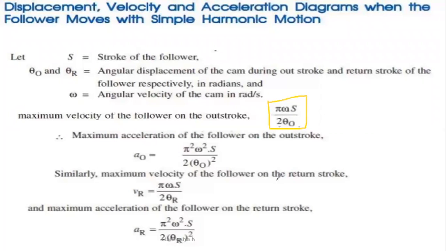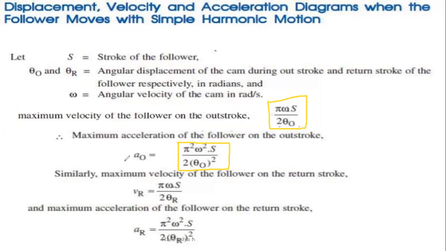Next we are going to take the maximum acceleration of the outward stroke. So maximum acceleration is taken as A of O equals pi square omega square s by 2 into theta of O whole square.